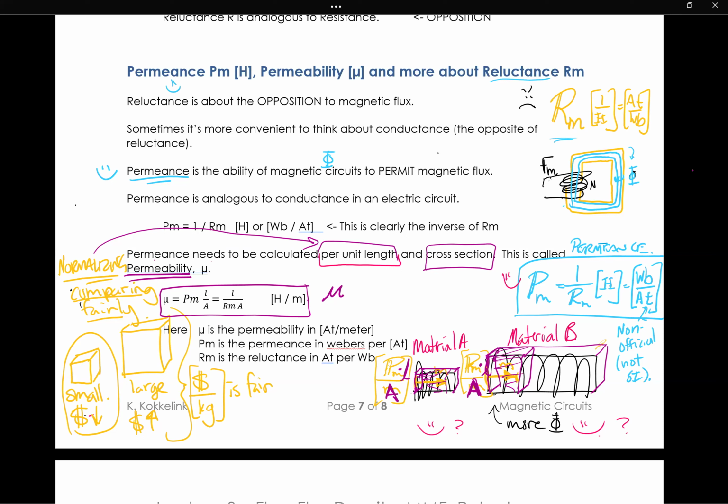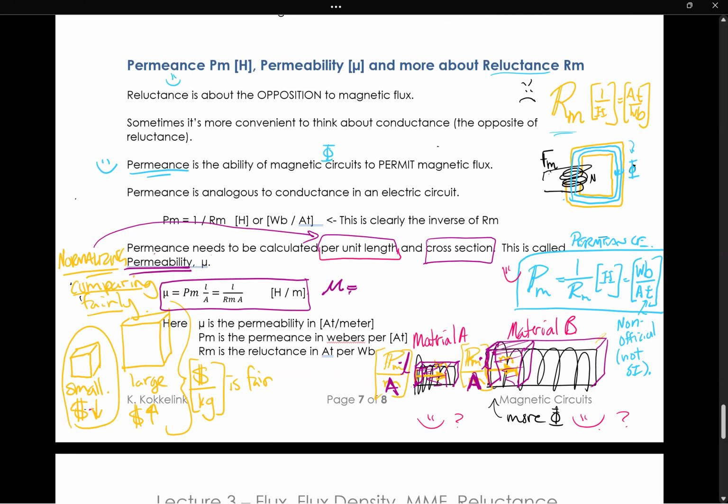So we have permeability is equal to the permeance we had before, PM, times a ratio, a ratio of length over area. And that's our normalizing.